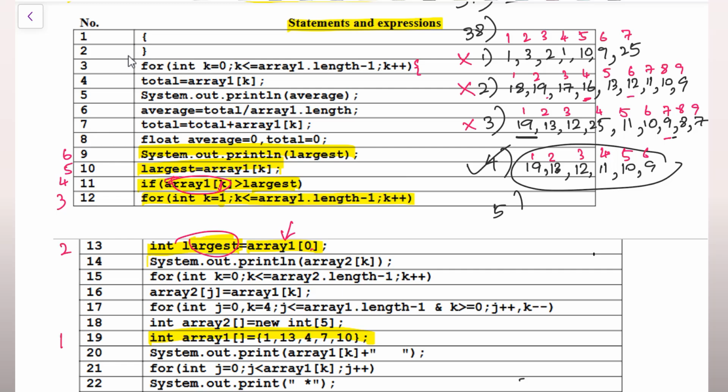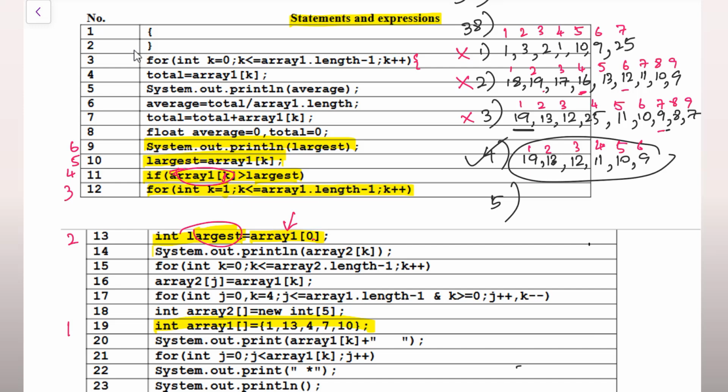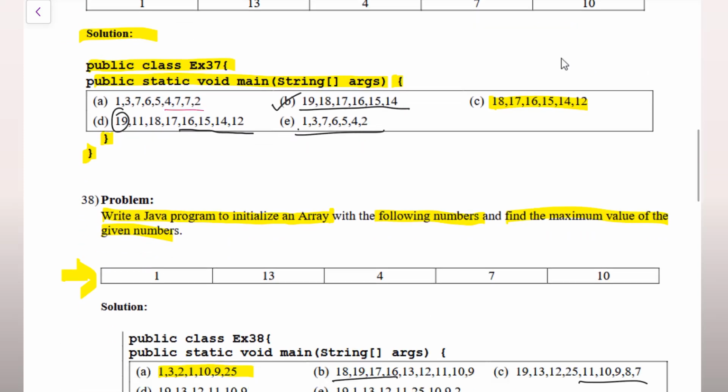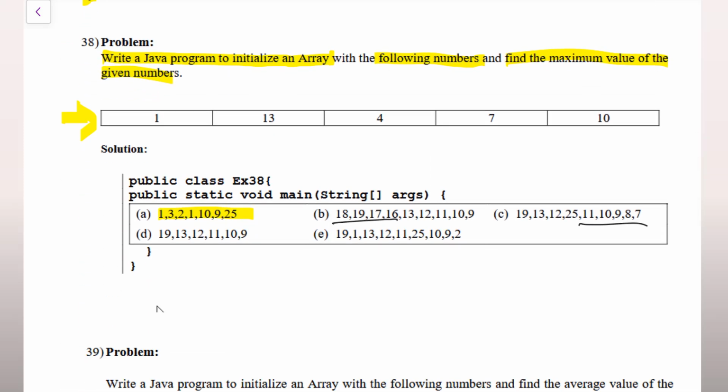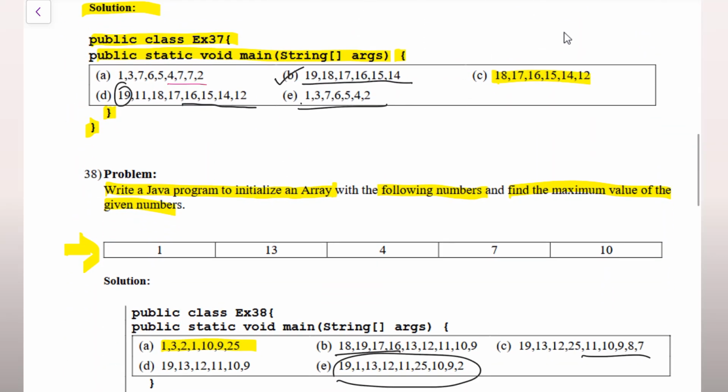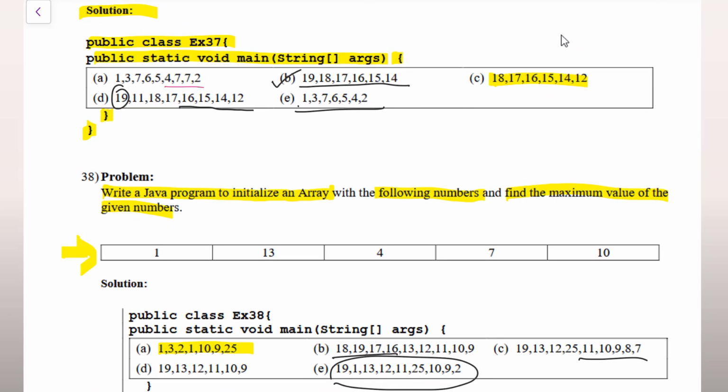We can look at the fifth one. Okay, we'll take a look at the fifth option as well. So it's this guy. 19, 1, 13, 12, 11, 25, 10, 9, 2.